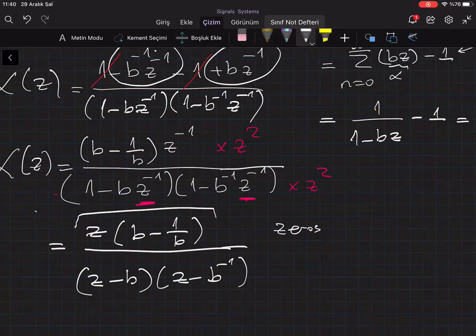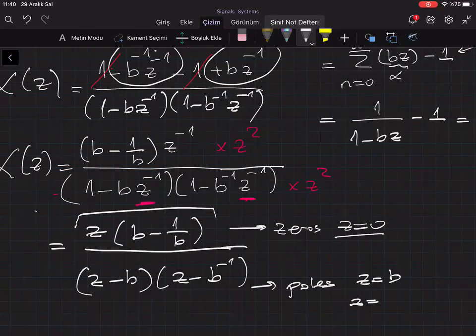What are the roots, arkadaşlar? 0. Z equals 0, right? It's going to be my zero. That's the only thing. How about poles? b and b to the power of minus 1. b and 1 over b.